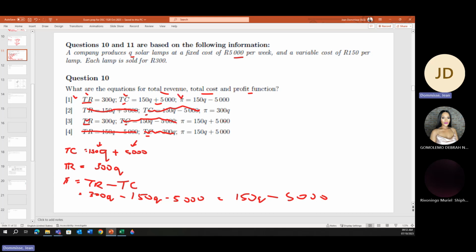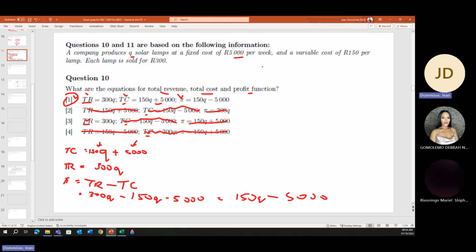Okay, total profit 150Q minus 5,000. That one is also correct, and you can see all of the others in any case are also wrong. So option 1 was the equation that we went with. Again, at first principles, you can calculate it from just writing down what your total revenue will be, what your total cost will be.